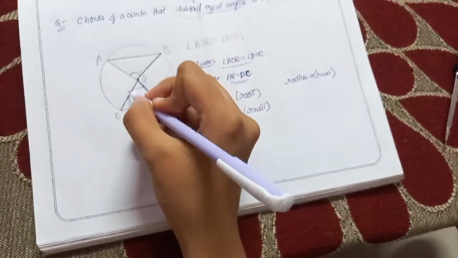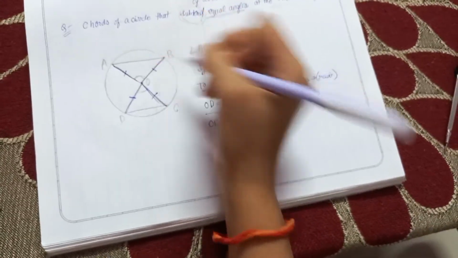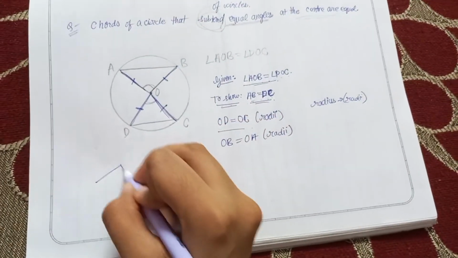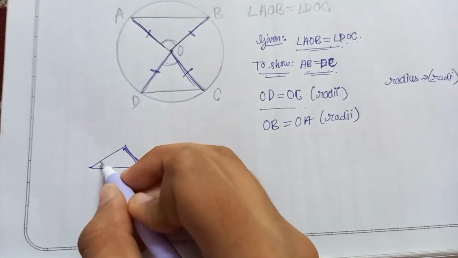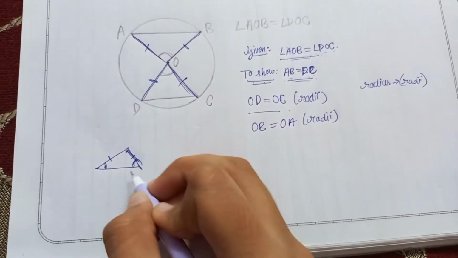Now we can see that these two sides and these two sides are equal in these isosceles triangles, and we have a property that in an isosceles triangle the angles opposite the equal sides are always equal.